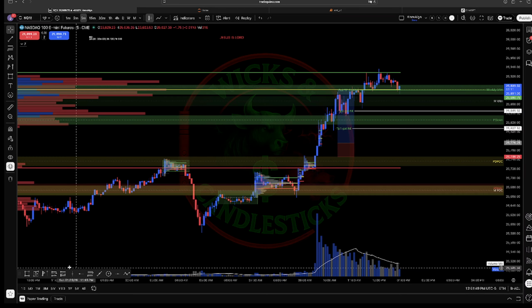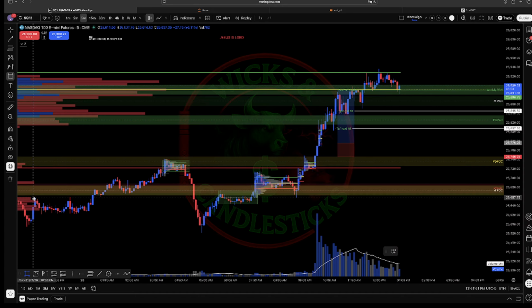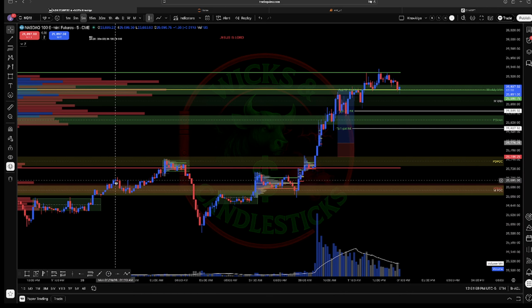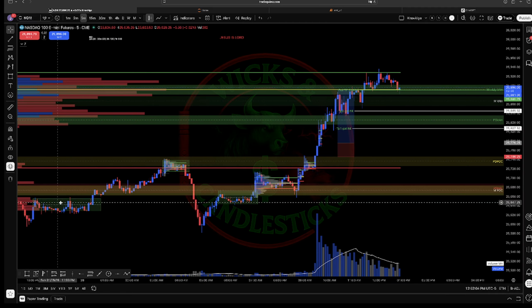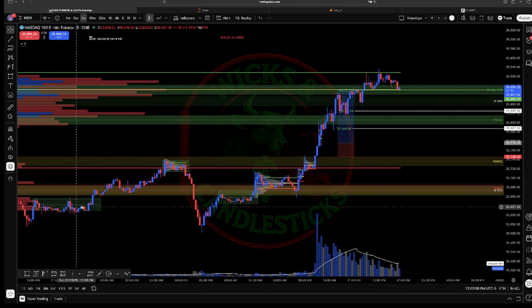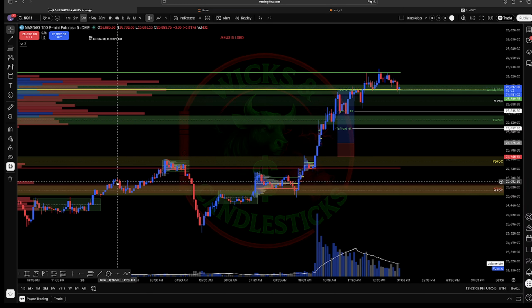You look here, again, balance market here. So what I want to show you, price goes from balance to imbalance. Anytime you have a reaction outside of the zone that you draw, it is an imbalance, right?